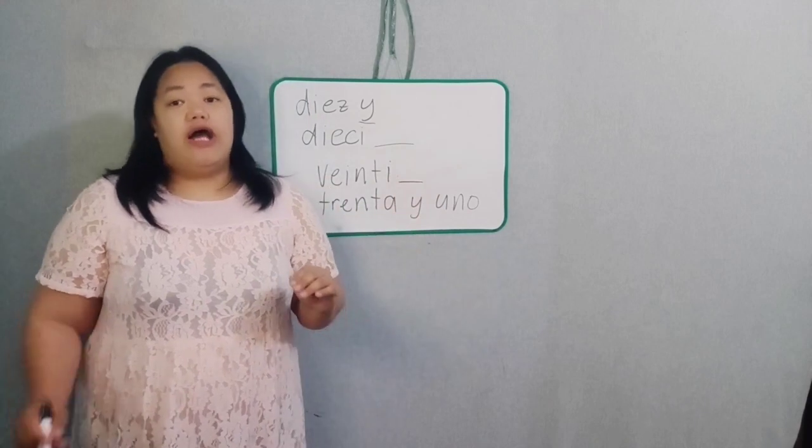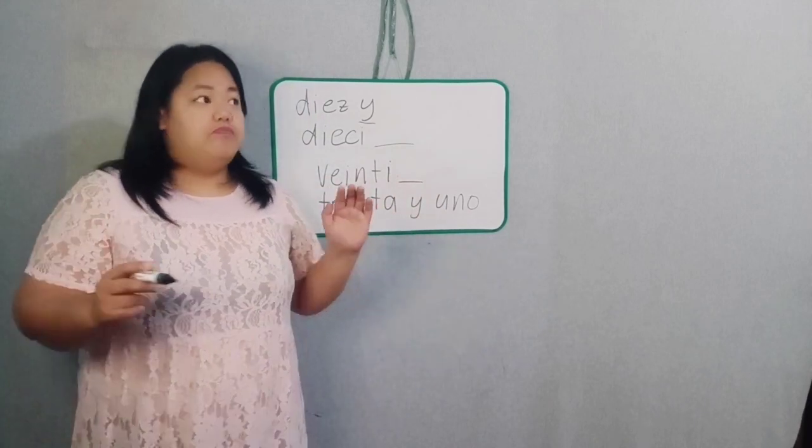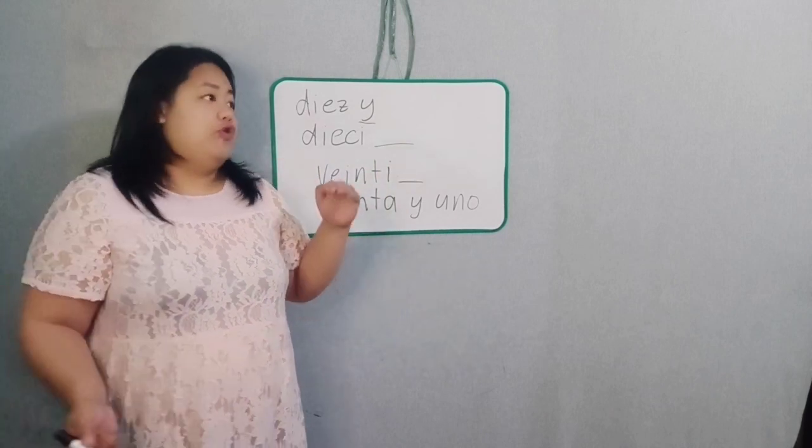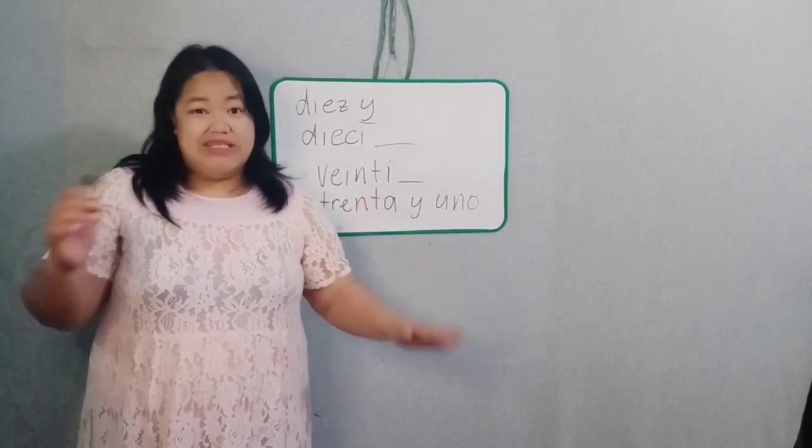And then of course it's the same from 30 until 99. So you just have to know the whole numbers with the zeros.